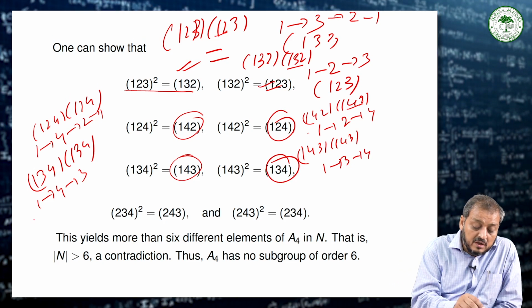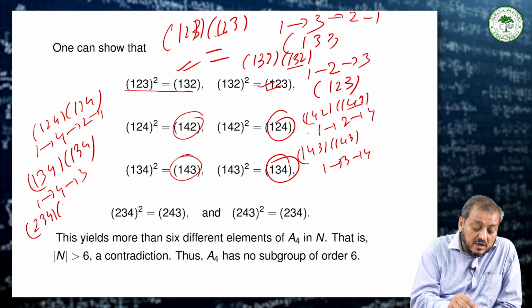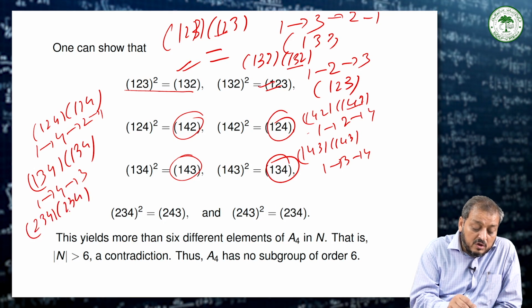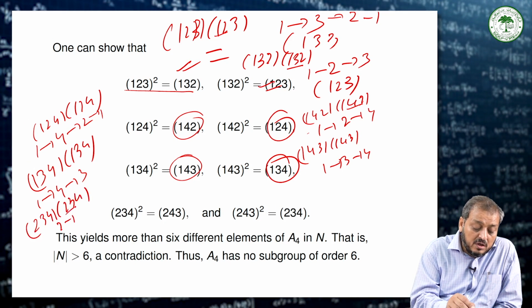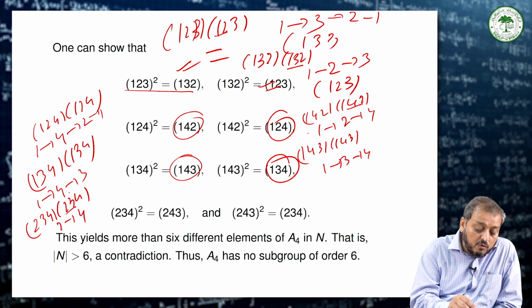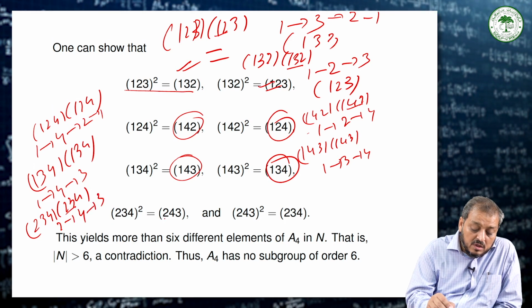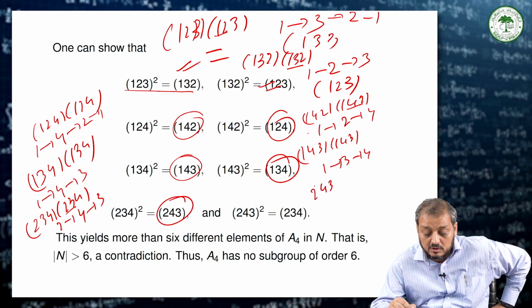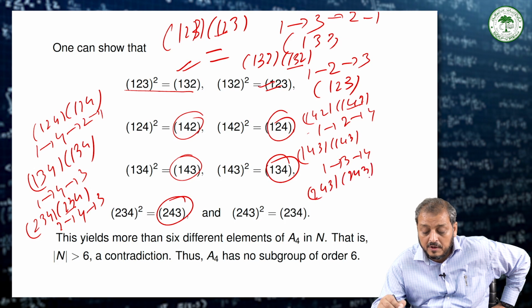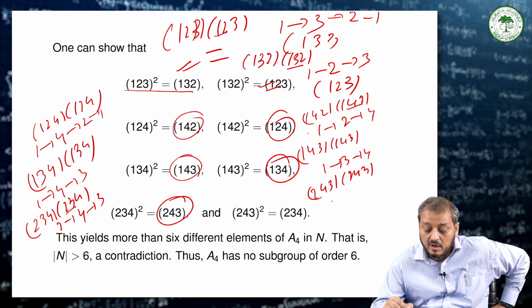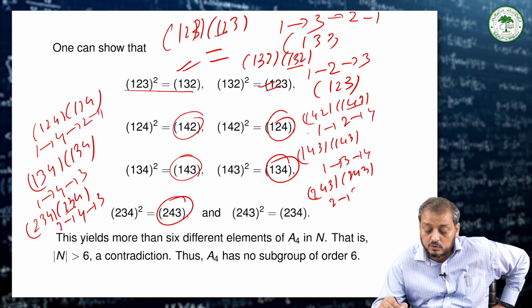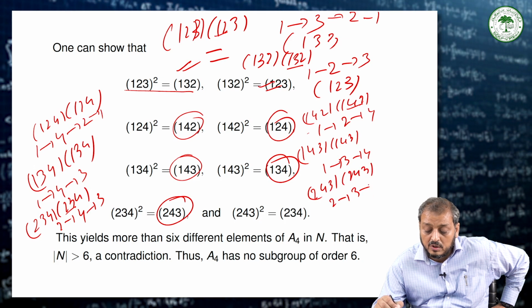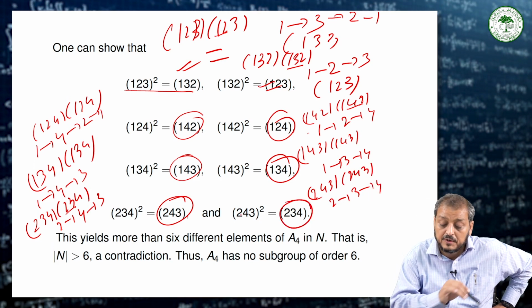Similarly we calculate (2 3 4) and (2 3 4): 2 goes to 3, 3 goes to 4, 4 goes to 2, which gives (2 4 3), and similarly for (2 4 3), 2 goes to 4, 4 goes to 3, 3 goes to 2, and this is equal to (2 3 4).